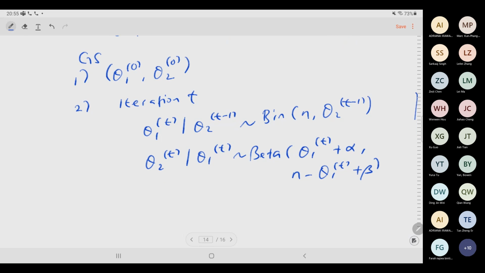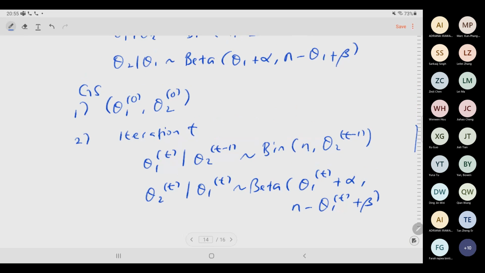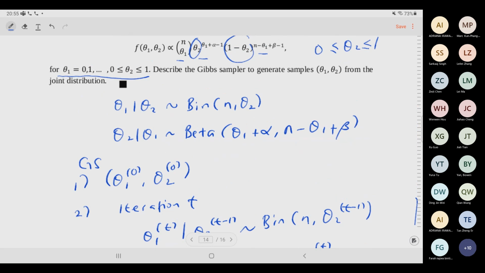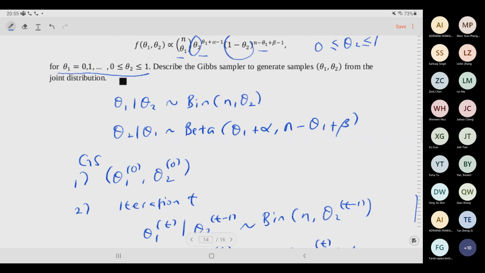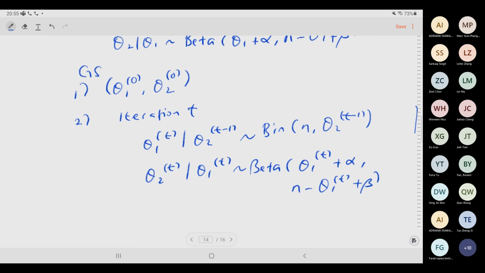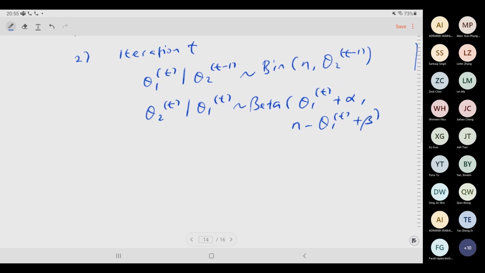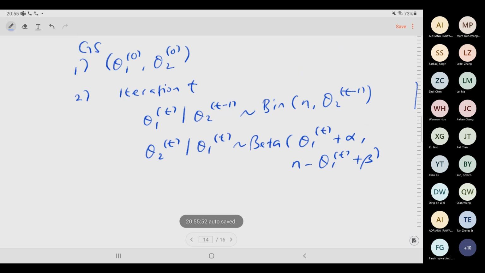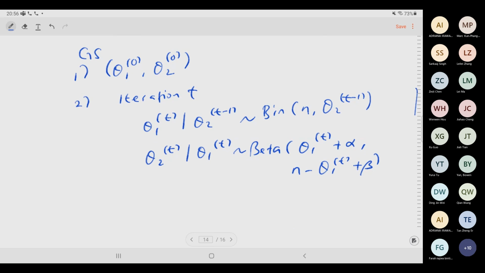So this is just an example to show you can also have a mixture of discrete and continuous, but you have to recognize whether it's a discrete or continuous distribution. And when you update, you have to be careful, as you said before, about which one you update first. Actually, in theory, it doesn't matter.